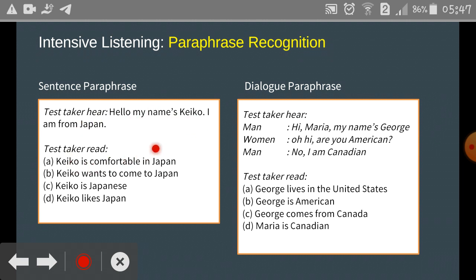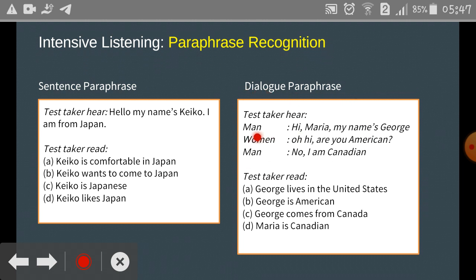And the test taker will read, "Keiko is comfortable in Japan," or "Keiko wants to come to Japan," or "Keiko is Japanese," or "Keiko likes Japan." If the student really pays attention to the audio, because they are not going to read this, then the best answer will be "Keiko is Japanese." So they need to paraphrase this sentence, "Hello, my name is Keiko. I am from Japan."